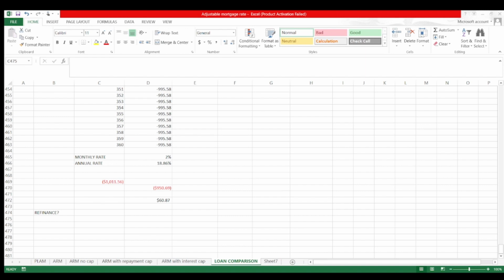Now the loan amount is 80,000. The original loan term was 30 years.